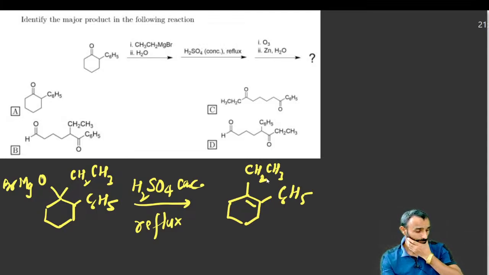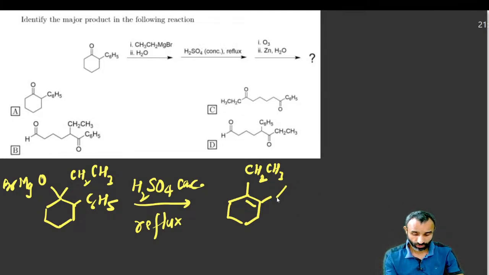Won't it have more alpha hydrogen if it forms on the other side? But here what happens, see, there is more delocalization. Got it? A conjugated system is formed. So that is more probable.